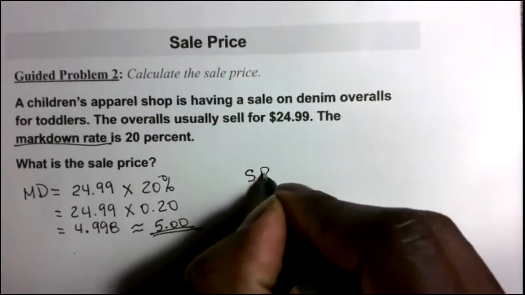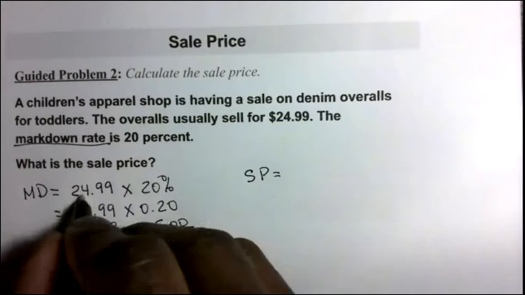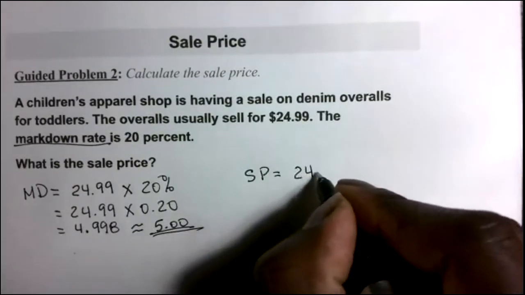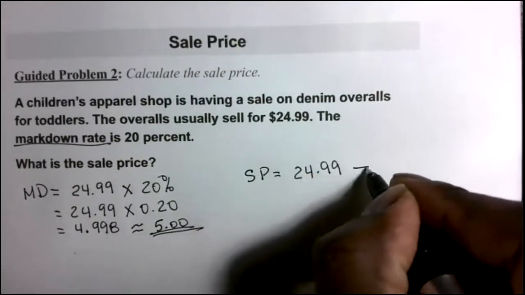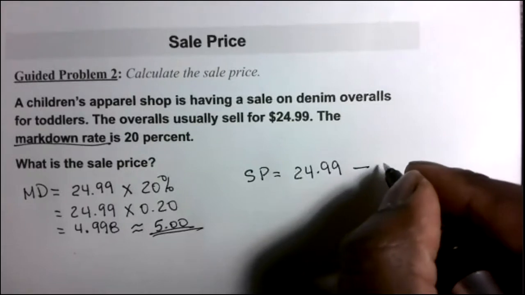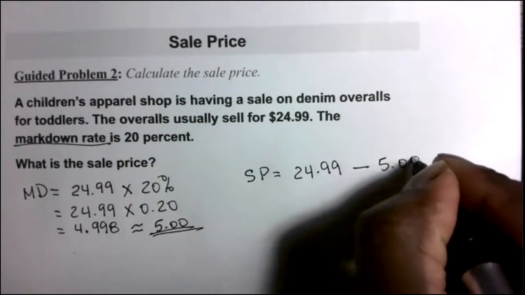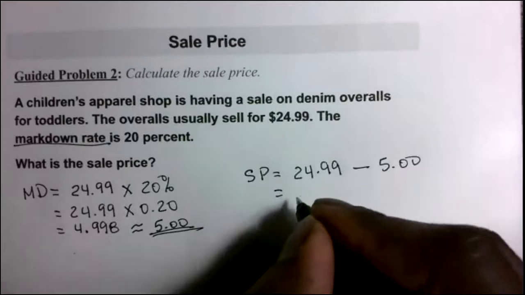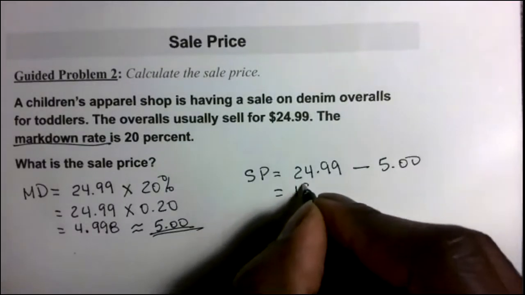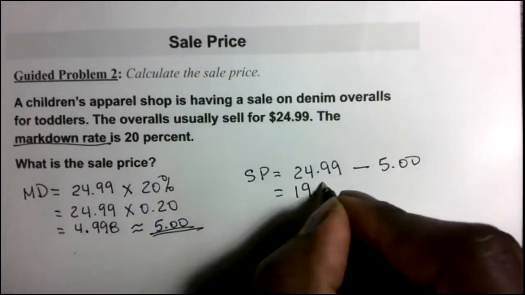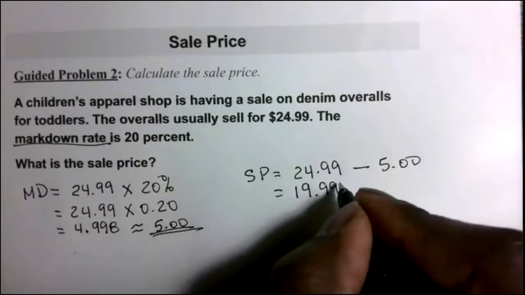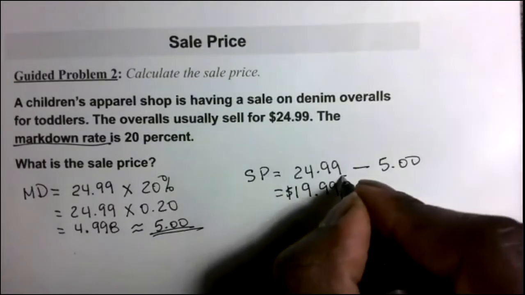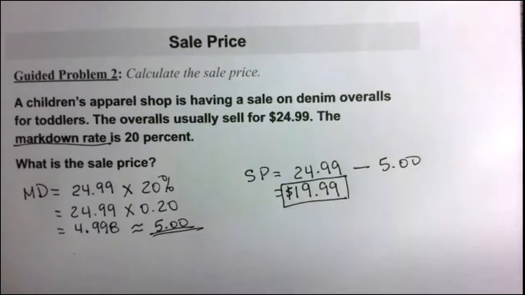So my sale price, SP, is equal to the regular price, $24.99, minus the markdown, which is $5 in this case. This is going to give me a total of $19.99, and this is going to be the sale price of the overalls.